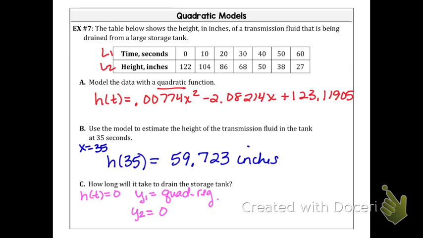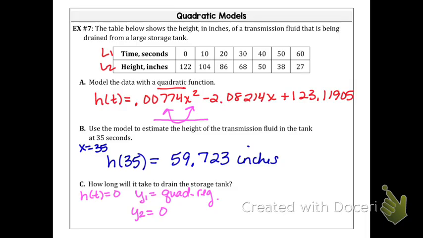And we want to find where they intersect. Now, we want to know the positive side of where they intersect, not the negative side, okay? Because this is a positive quadratic, so we know it's opening up like this. And so when we do 0, it's going to cross, and we want to find where it crosses on the positive side.